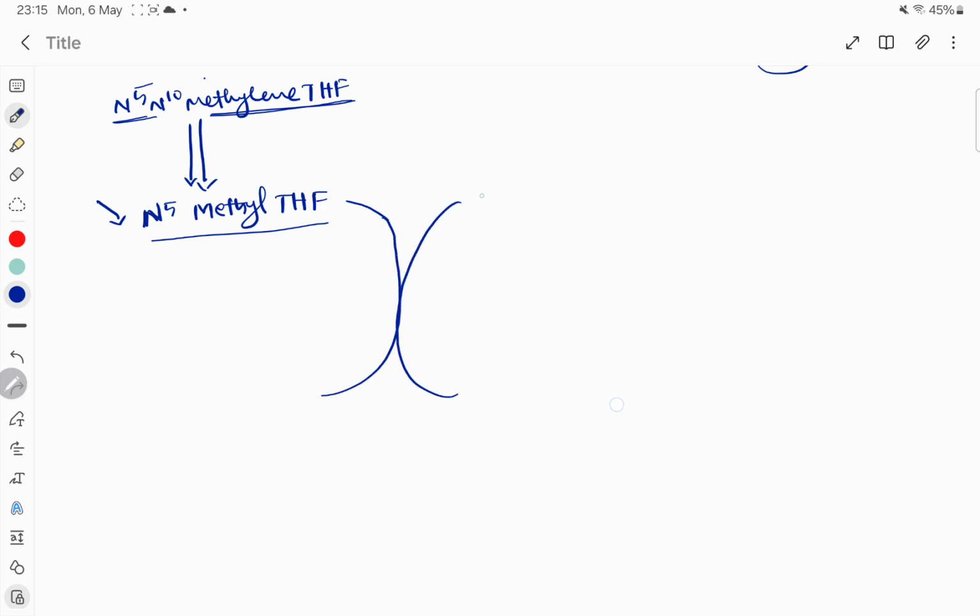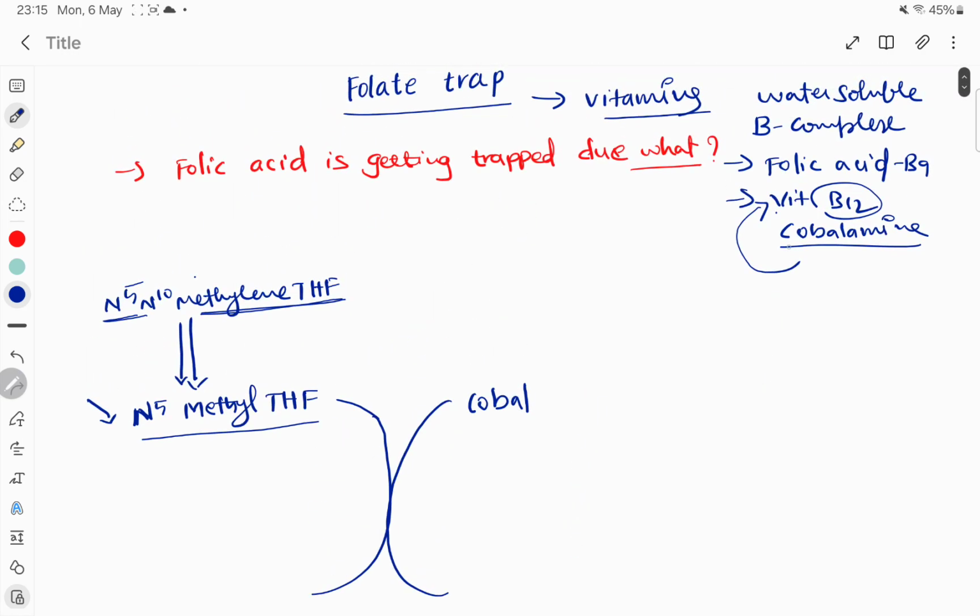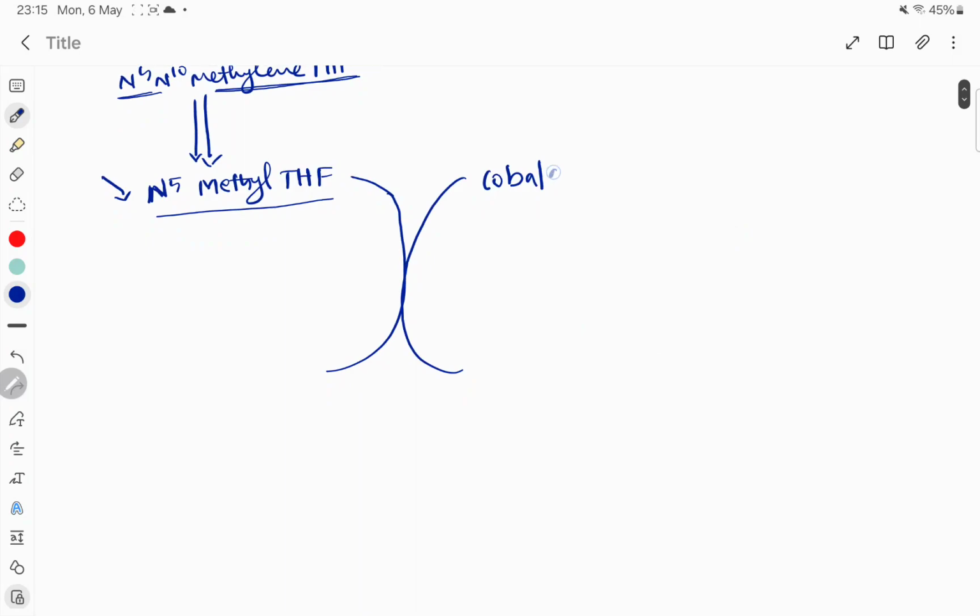Here we have cobalamin, which is vitamin B12, as I have already told you. This cobalamin accepts or takes a methyl group. This N5 methyl group will be taken up by the cobalamin.